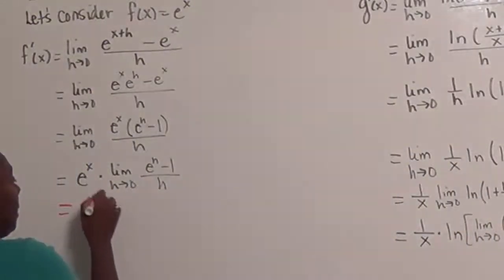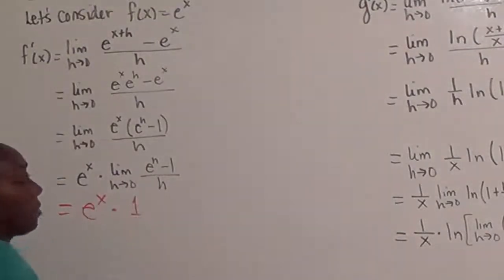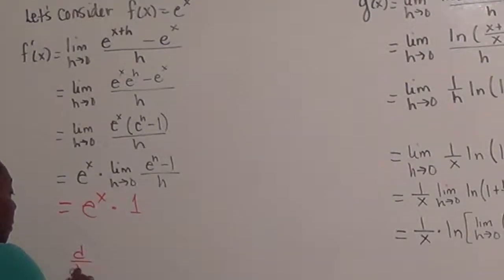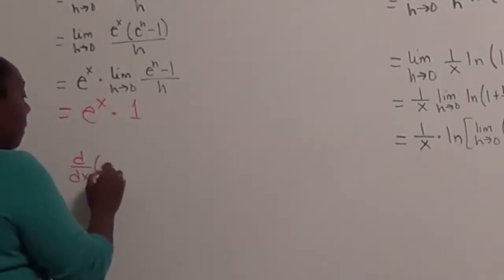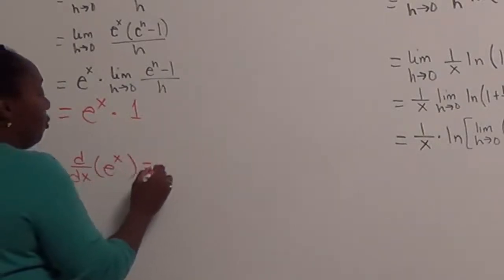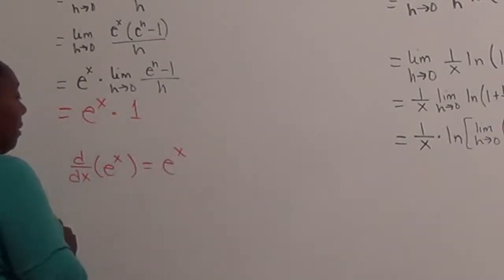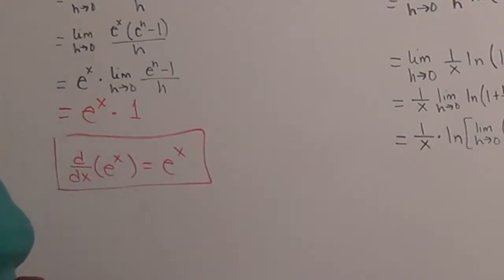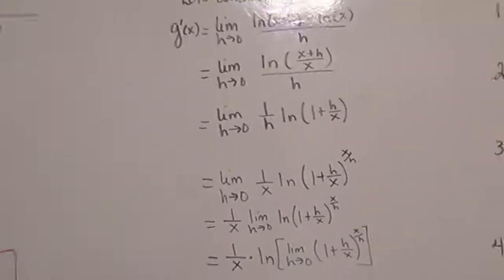So this will be e to the x times essentially 1, which tells us that the derivative with respect to x of e to the x is just e to the x. This is one of the nicest functions we are going to deal with in this course.